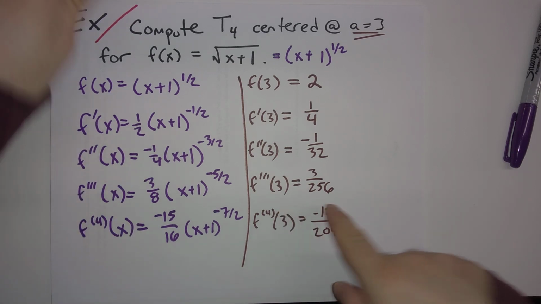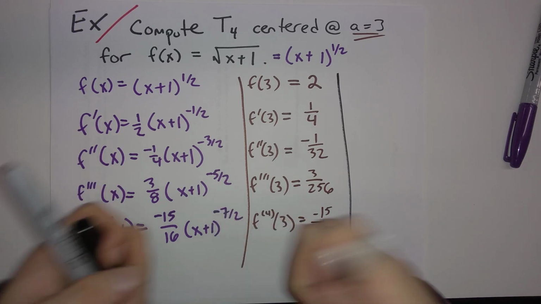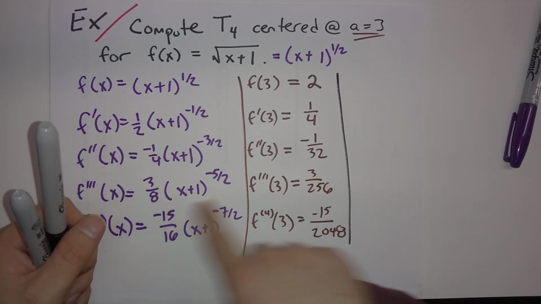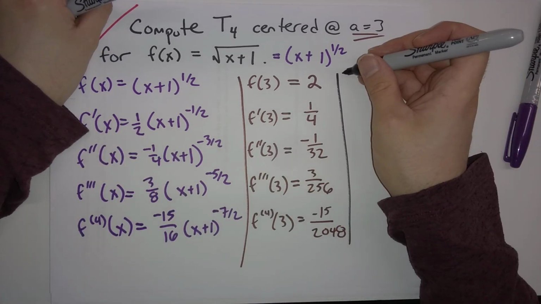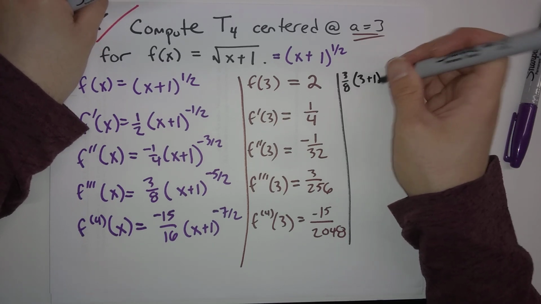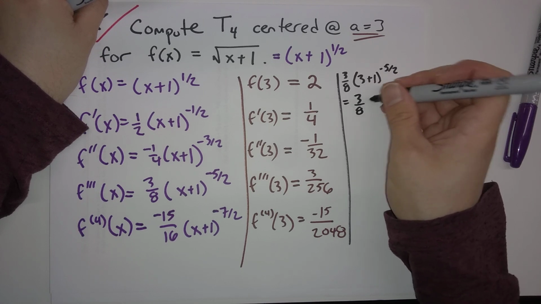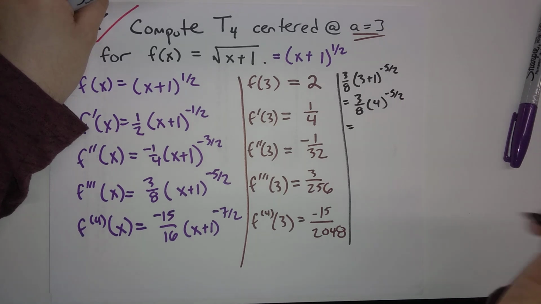To make sure that we're good with working with fractional exponents, let me just show off one calculation here. How do we get 3 over 256? That's going to be 3/8 times (3 plus 1) to the minus 5/2. So that's 3/8 times 4 to the minus 5/2.